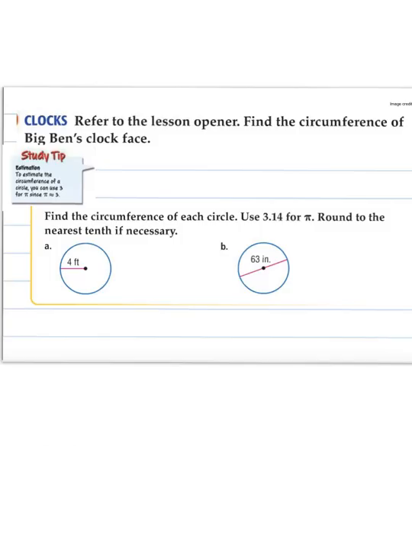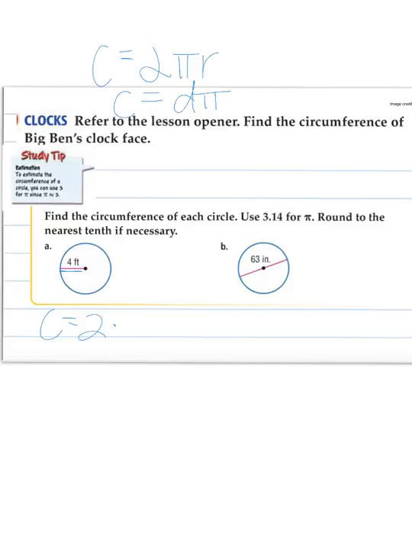All right, looking at finding circumference, we are using 3.14 for pi, and we're going to round to the nearest tenth if necessary. So on here, remember our two equations, circumference equals 2 pi r, so 2 times the radius, or pi times diameter. Now in this case, since we are given the radius, halfway across the circle, we are going to use the equation that includes the radius.